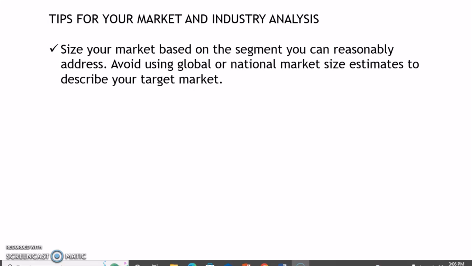So it is best you try to estimate the market size based on your state or region. I hope that explanation is clear. So avoid using national or international or global market size to describe your target market.